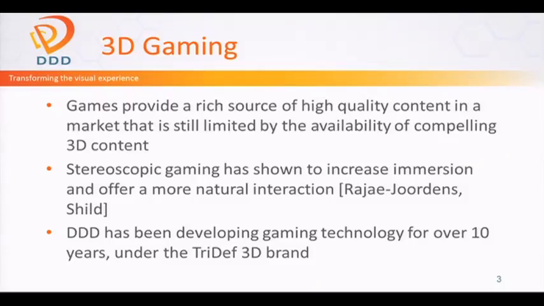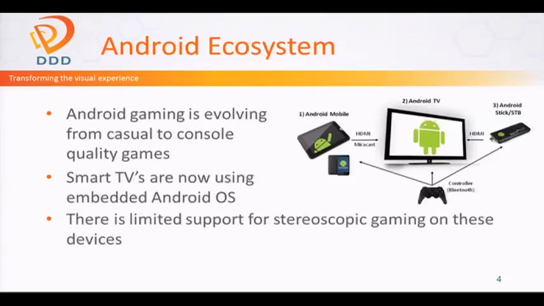So, just in terms of the context of where we're going with the Android architecture, which we're building on from our PC solutions, the Android ecosystem is fantastic for gaming. There's now tablets and mobile phones that run Android. There's now smart TVs, particularly coming out of China, that have Android cores embedded inside the TV. There's also set-top boxes, or these TV sticks, that are also promising to bring new ways of enjoying games on many different types of screens.